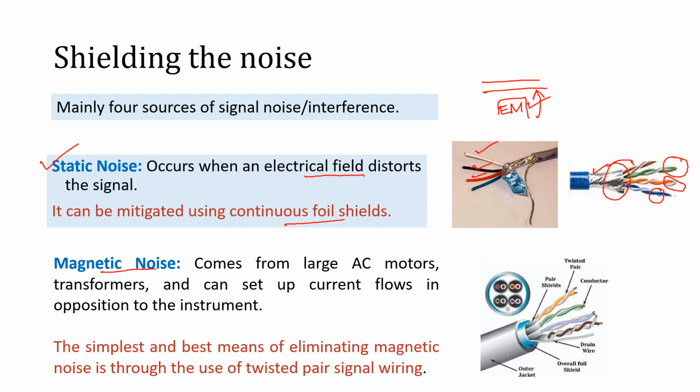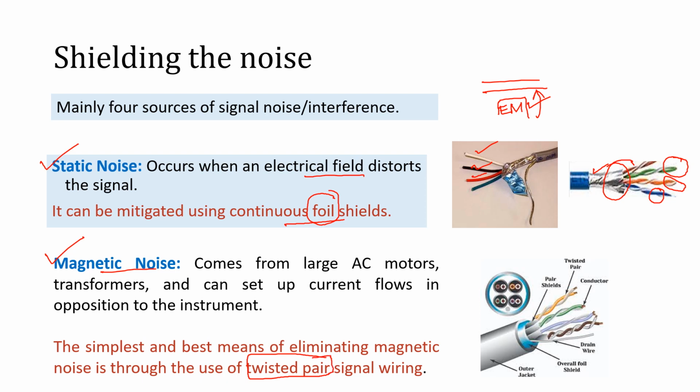Especially when we are measuring something, this kind of noise becomes very significant. So we need to be careful about this kind of noise, and it can be easily removed. Now please note down, when we are talking about electric field noise, it can be removed with the help of foil shield. When we have magnetic noise, we can remove this with the help of twisted pair.